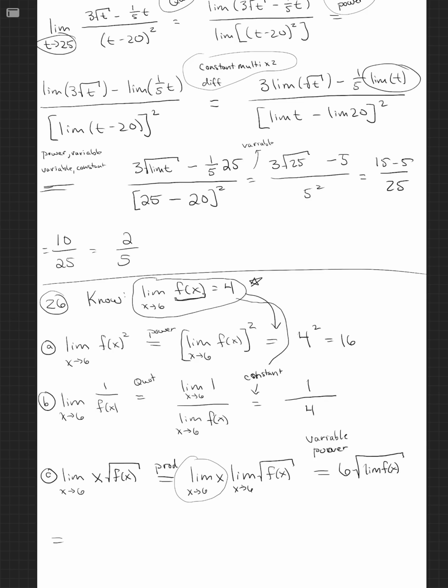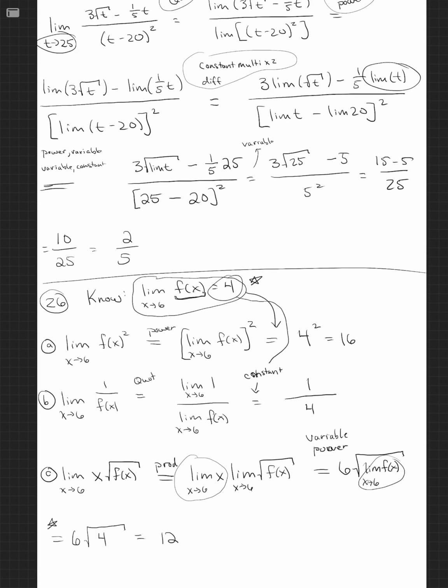And then we're going to use this rule to say that that's 6 times the square root of 4, because we know that the limit as x goes to 6 of f of x is equal to 4. So we get 12 out of it.